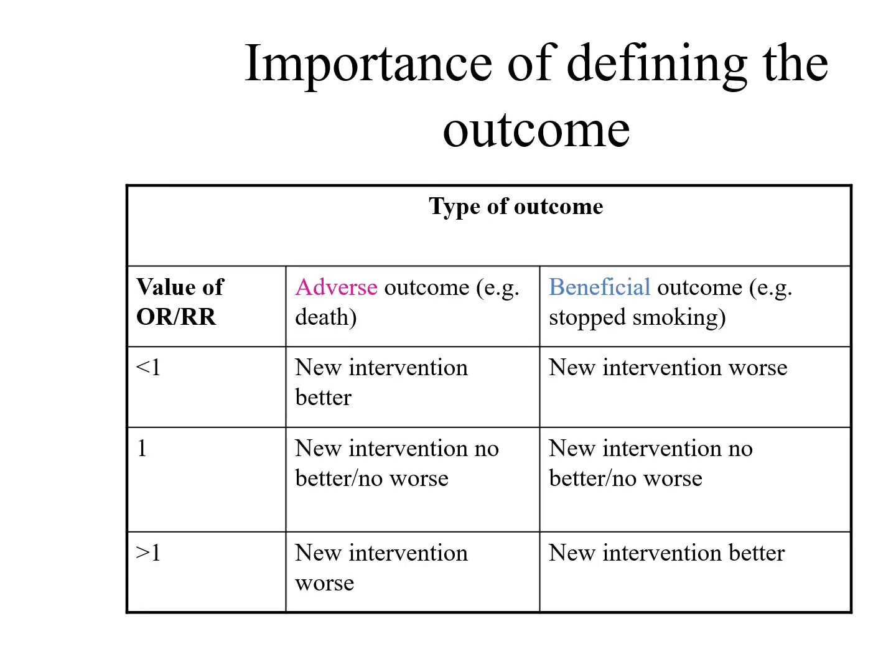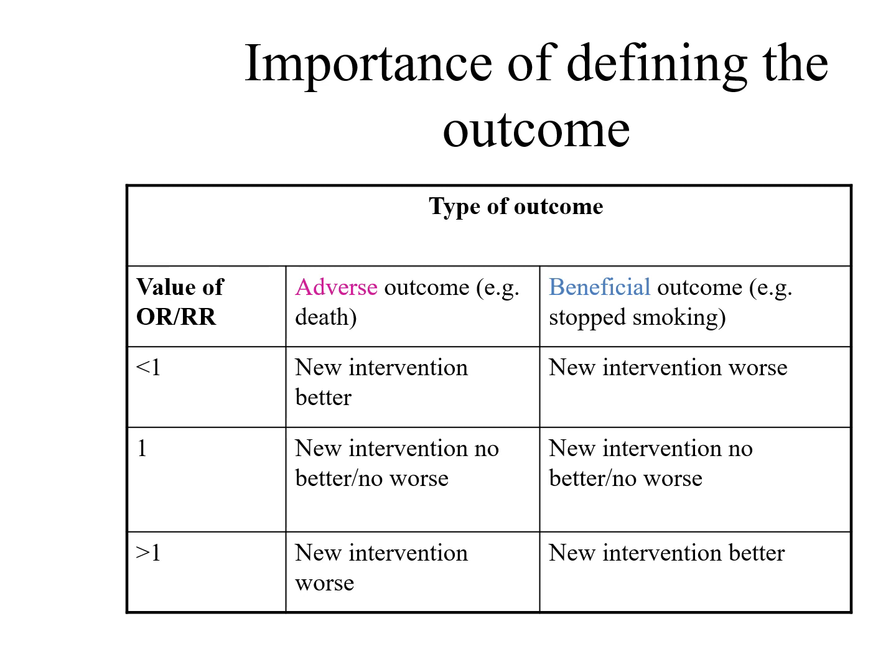The importance of defining the outcome. So we have the value of our odds ratio or relative risk: less than 1, 1, and greater than 1. For an adverse outcome, less than 1 means that your new intervention is better. If it's 1, the new intervention is no better or worse.